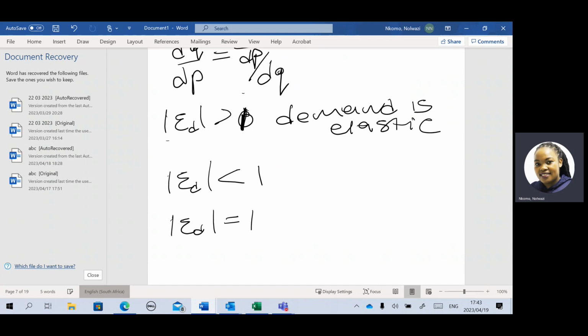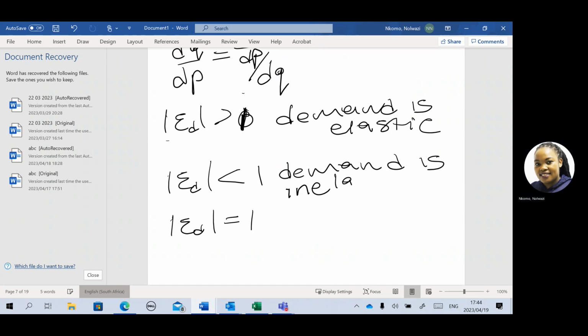And here, when it's less than 1, at any given price, then we say the demand is inelastic. And if it's equal to 1, we have unit elastic.